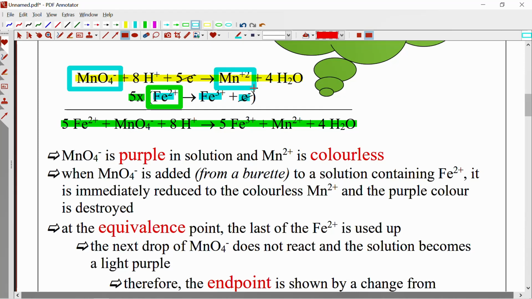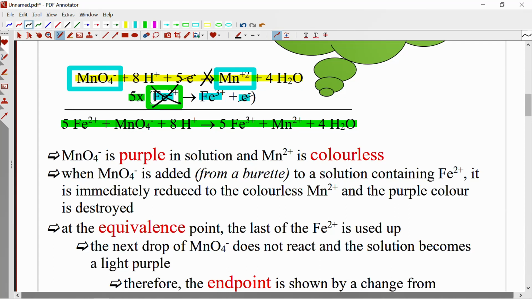Now, when permanganate is added from a burette to a solution containing iron 2 ion, it is immediately reduced to the colorless manganese ion, and the purple color is destroyed. At the equivalence point, the last of the iron 2 ion is used up. Once we've reached the equivalence point, all of this ion is gone, and now there is nothing to cause permanganate to be reduced. That reaction stops happening.